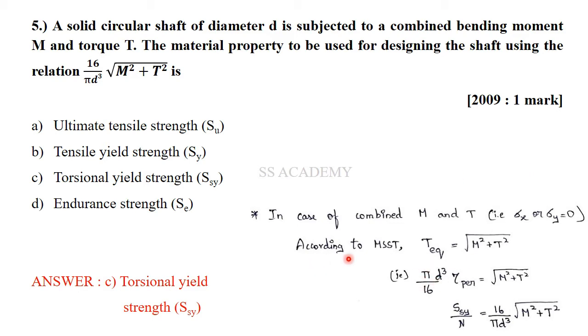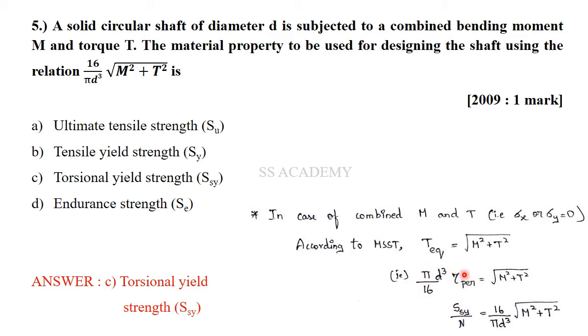Okay. Here, according to MSST, the equivalent twisting moment is calculated using the formula root of M squared plus T squared, the bending moment squared plus the twisting moment squared. The equivalent twisting moment is calculated using the formula pi by 16 d cube tau per, which is developed using the pure torsion condition.